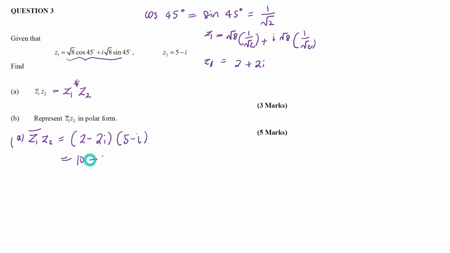We have 10 minus 2i minus 10i plus 2i squared. So make sure you know that i squared is minus 1. So we have 10 minus 2, 8, minus 12i. 8 minus 12i. B. Represent z1 conjugate z2 in polar form.